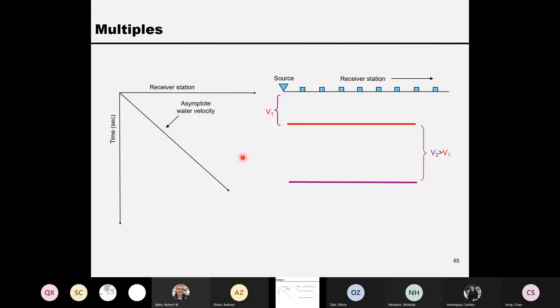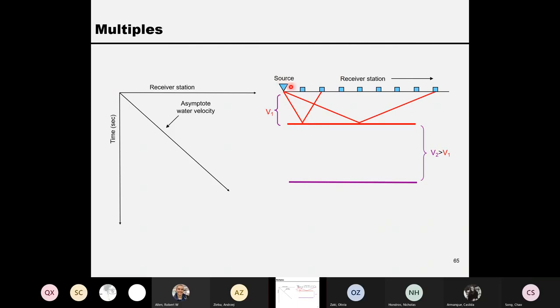Mechanism of multiple generation: time, and this receiver station, which is offset or X. But this water, if it has a constant velocity from source to the receivers, you have a straight line. So this is called a direct wave.